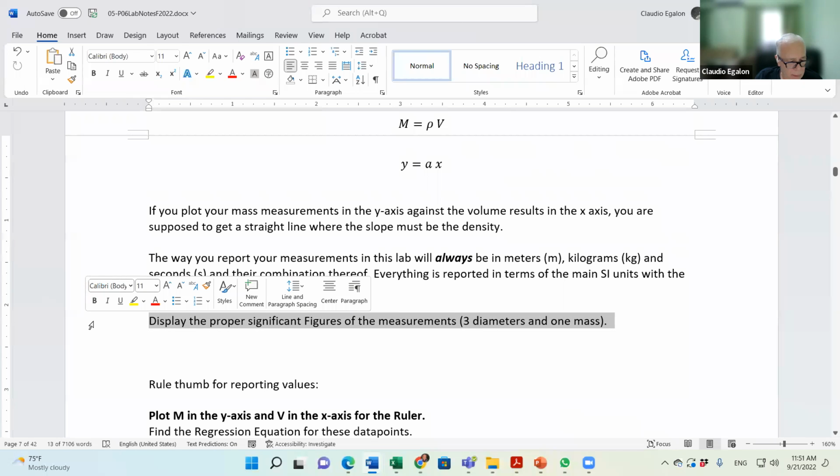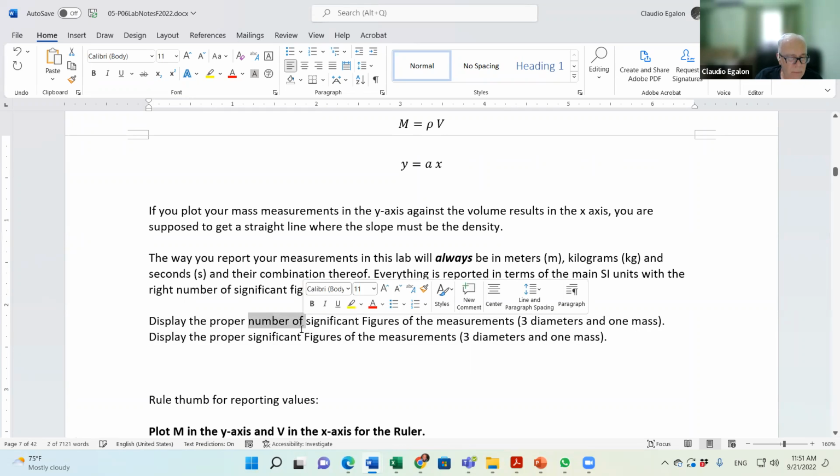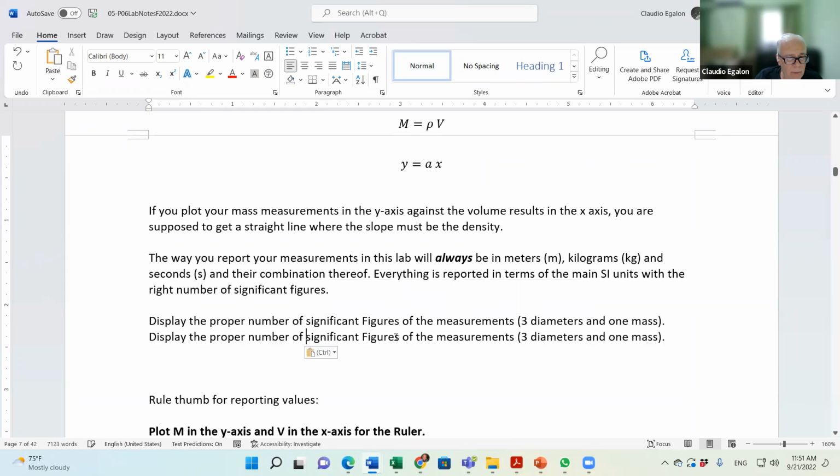Display the proper number of significant figures, not of the measurement, but of the results. You know, three different sets of volumes, no? 3 different sets of volumes.